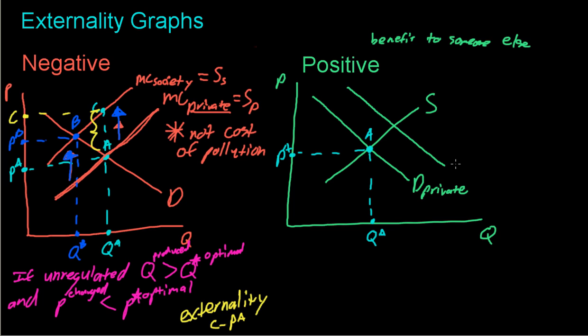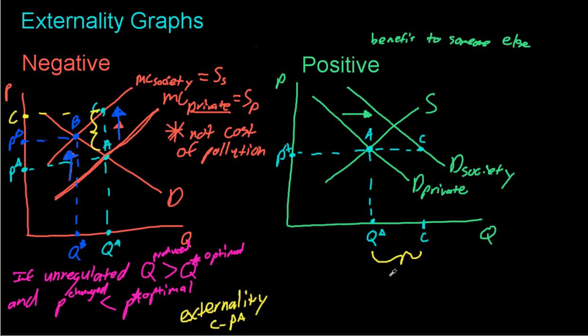And we'll call this the demand for society. So there is a positive externality, and the amount of that externality is measured by, if we were to go directly over here, from A to C, and there's no real market quantity transacted here, so I'm just going to call that C. And this distance right here, from QA to C, so this would actually be C minus QA.